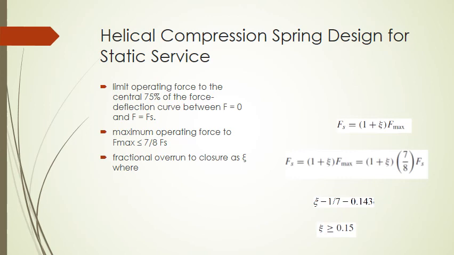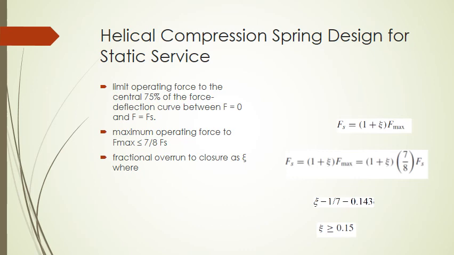It means, what is the maximum force? The force you have calculated in the design of the spring. To get the straight line linear behavior, it should not be applied at 100%, but 75% of the force should be applied. It means the force should be limited to 75% of the maximum force applied.